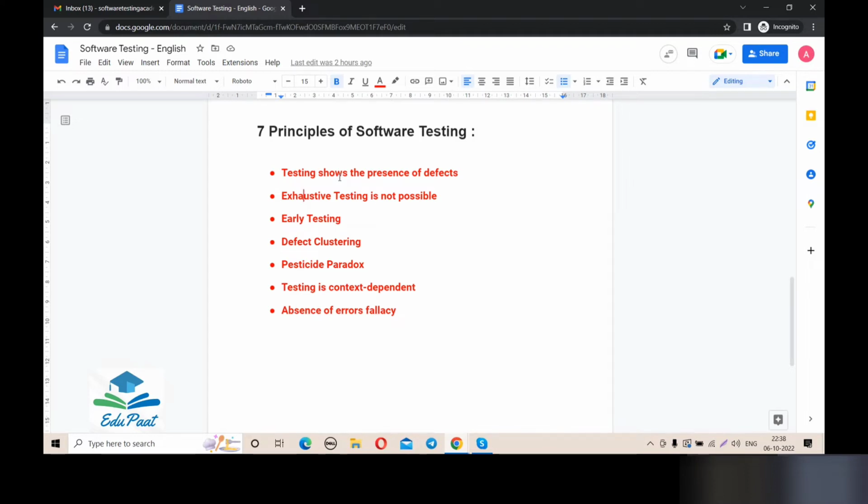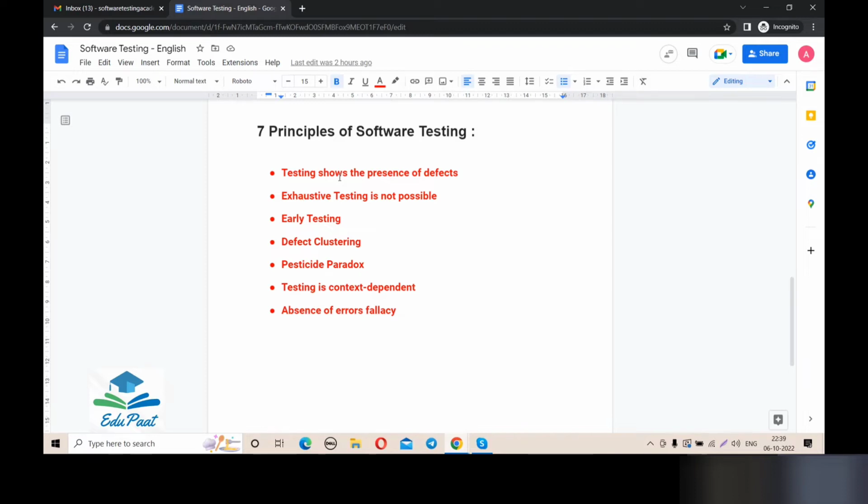So we have to test. But exhaustive testing is not possible. Suppose there are 1 lakh numbers. How can we test that? That is the funda. In that case, we will just test 1, 2, 3 up to 10, then choose some random numbers.